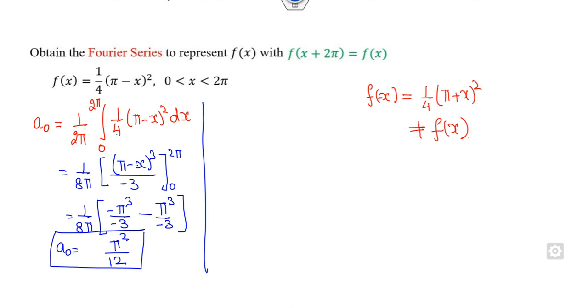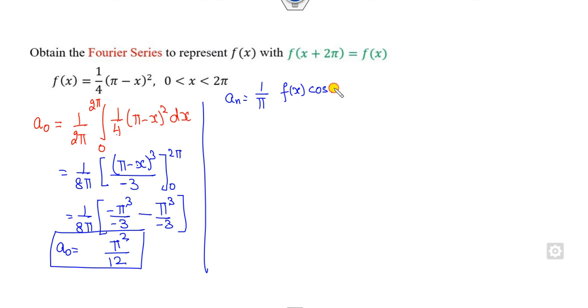Now I can compute the an. So what is that? an is 1 over pi, f(x) cos nx, the limits are 0 to 2 pi. So this is 1 over 4 pi, which I can take outside, integral of pi minus x whole square cos nx into dx. Again I can do it in a similar manner.